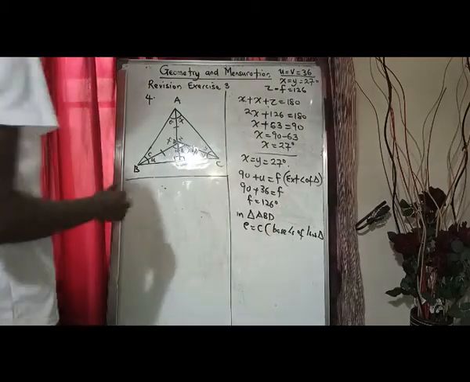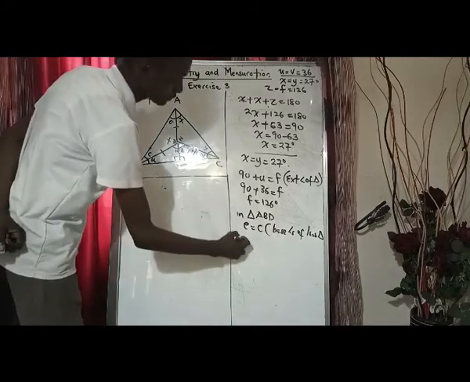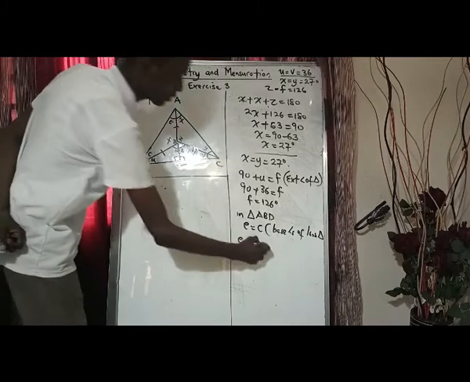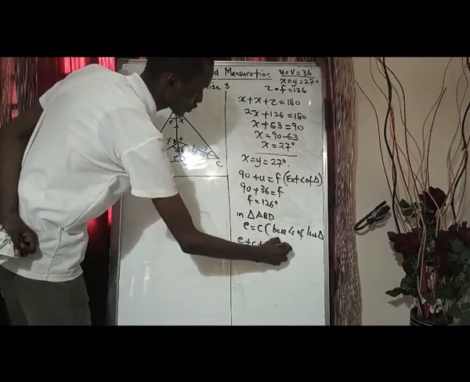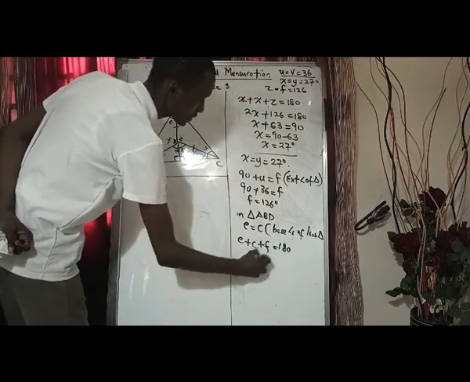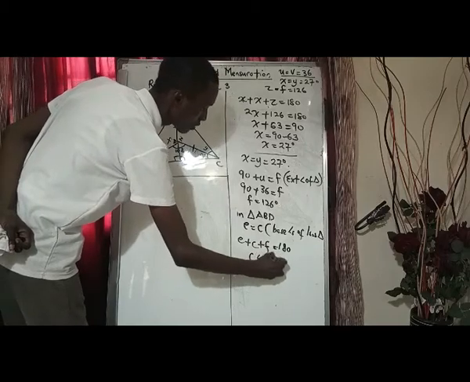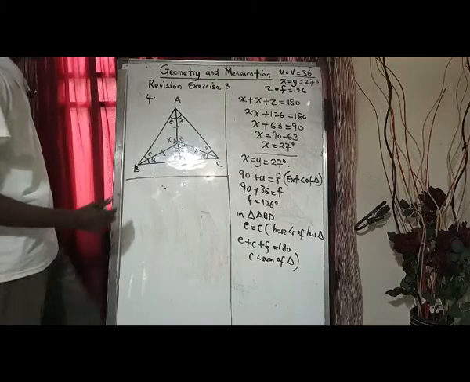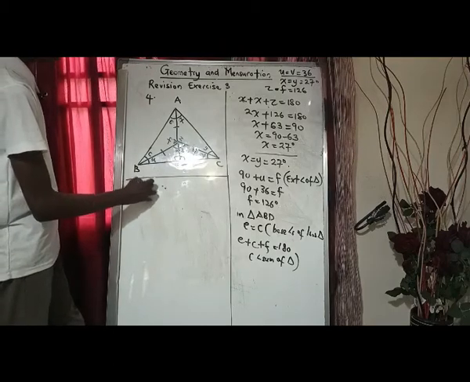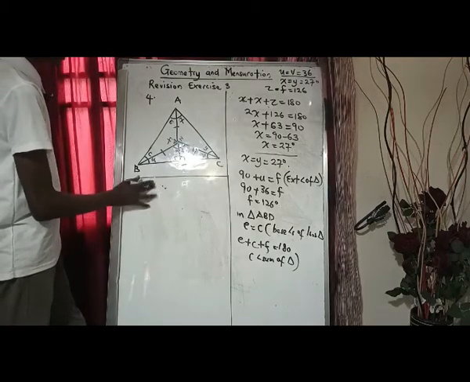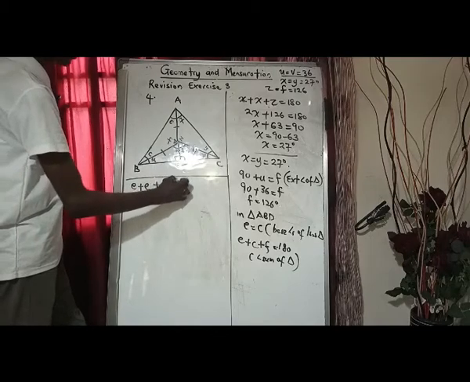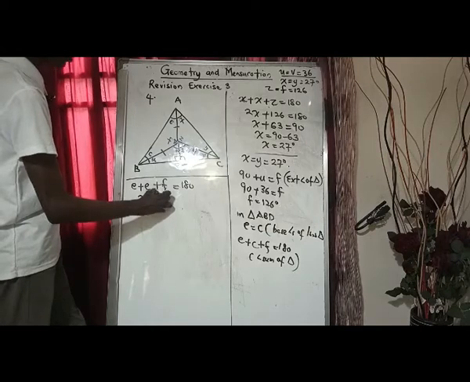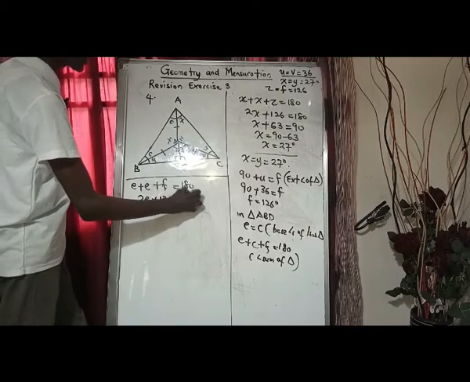So E is equal to C, meaning that what? E plus C plus F will be equal to 180 degrees. What's the reason? Angle sum of triangle. So with that said, I can transfer my information this way to say that E plus E, E plus F rather, will be equal to 180 degrees. I know F to be 126, so 2E plus 126 will be equal to 180 degrees.